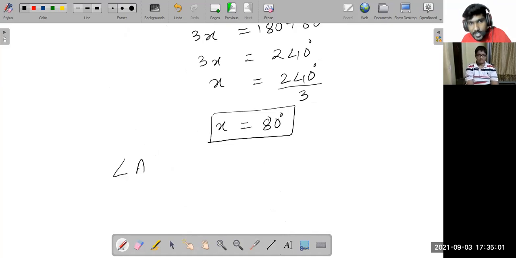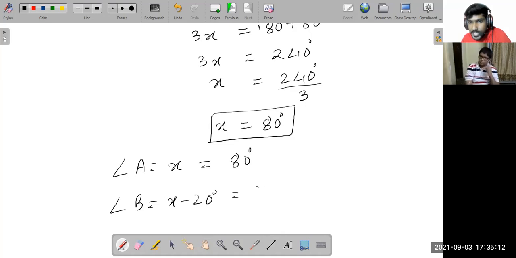Angle A is equal to x, which is 80 degrees. Angle B is equal to x minus 20, which is 80 degrees minus 20 degrees, which is how much? 60 degrees.